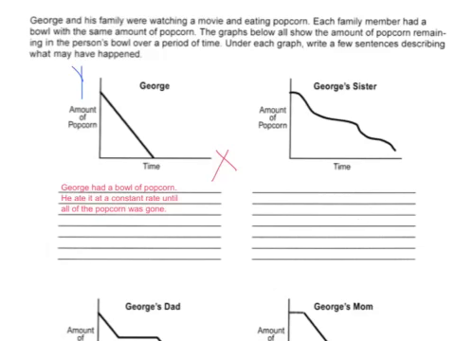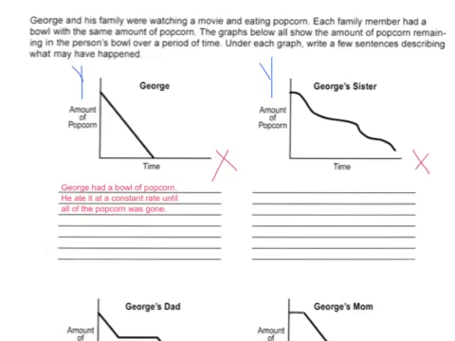Now we're going to look at the next graph, and we see that it's talking about George's sister. That's the title. And we're going to label our axes. This is our y-axis, amount of popcorn, and our x-axis is time. We can see in this graph that we don't have a straight line like we did over in George's.